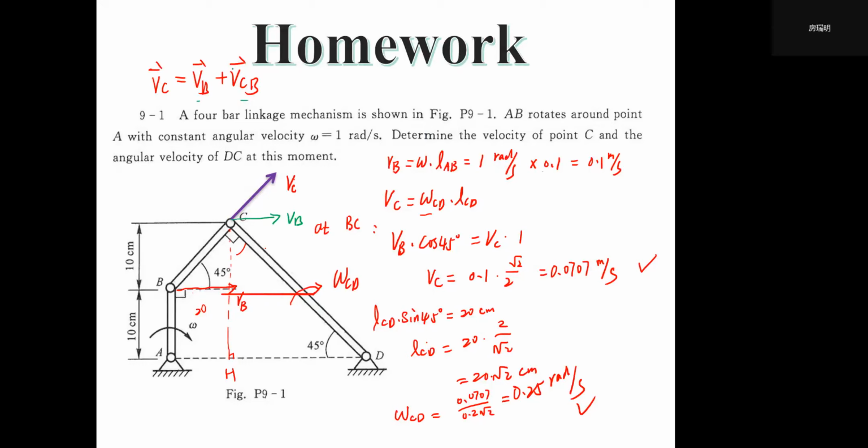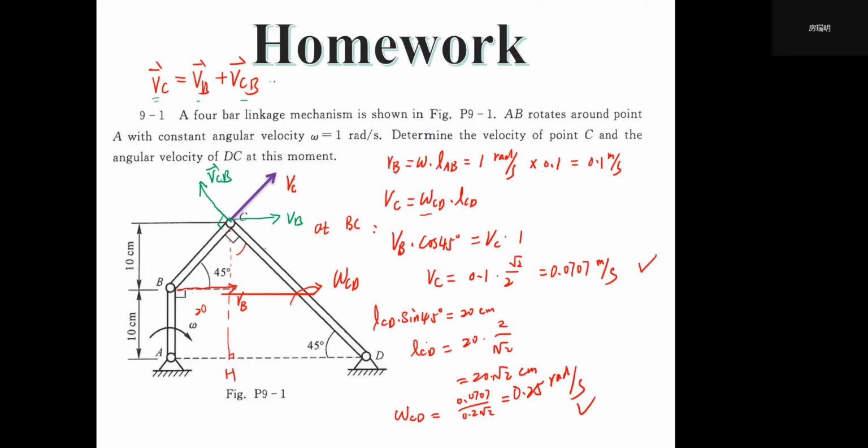We also have VCB as the velocity of this point relative rotation around point B. But we know this VC always should be along the diagonal position. So our VCB should be perpendicular to BC, so it should be along this direction. So this should be VCB, right? That's what we have learned.